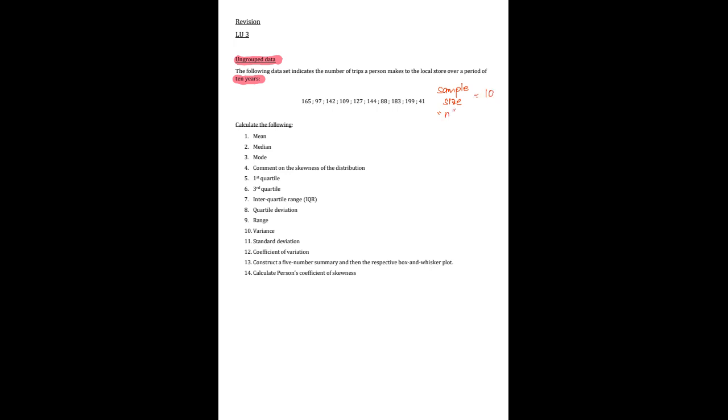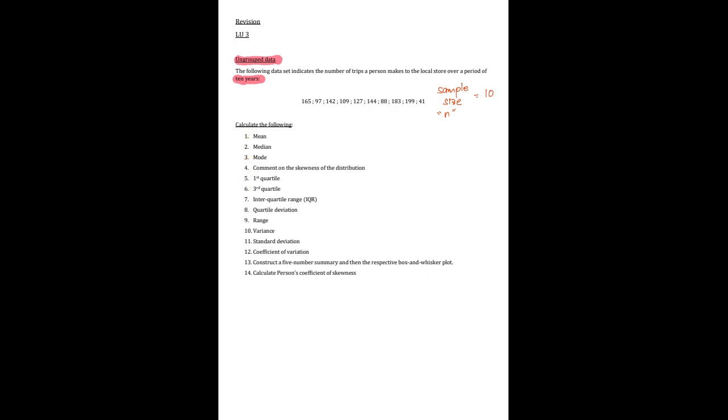So the first calculation asks you for your mean, then you have your median, your mode, your quartiles, and so on. You actually don't need to worry about number 4 too much, but I will go through it anyway. And then you have a host of other calculations. So let's look at what the first step generally is.